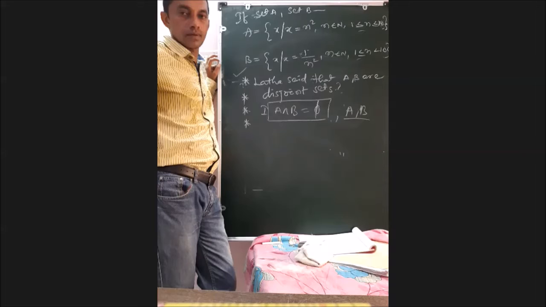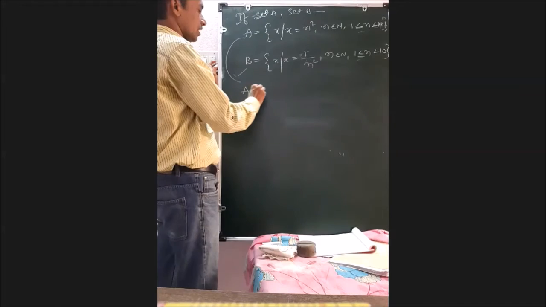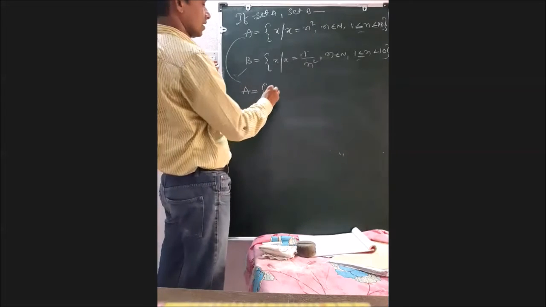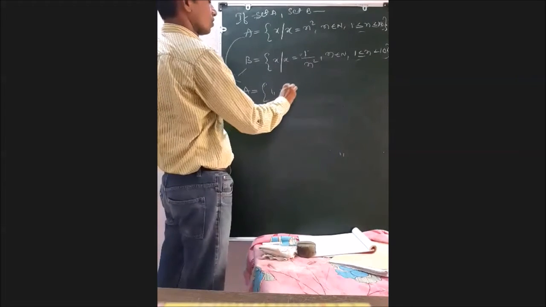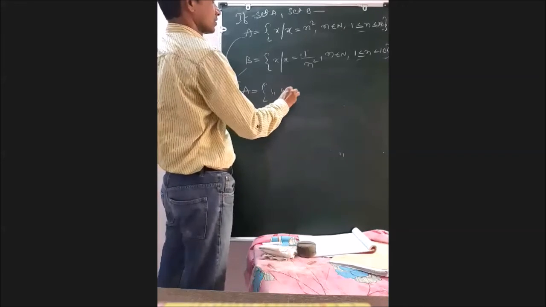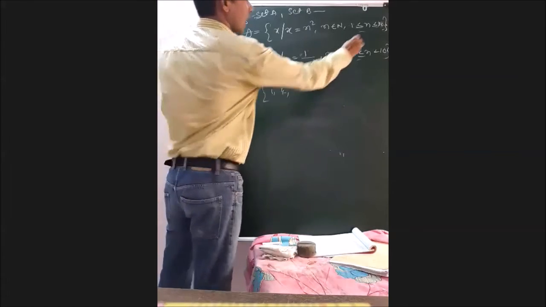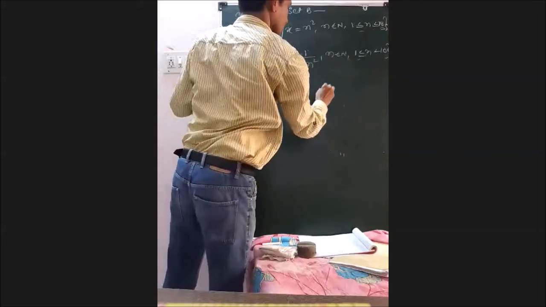Okay. Now, these are the questions. Now, how do we prove that? What you have to do is convert A into roster form. That is 1 square is 1, 2 square is 4, and so on up to 10 square, which is 100.